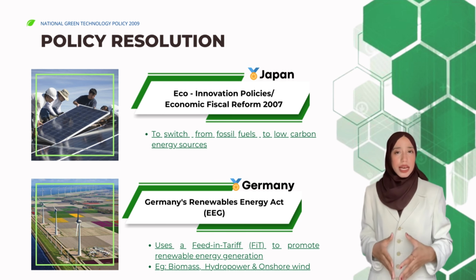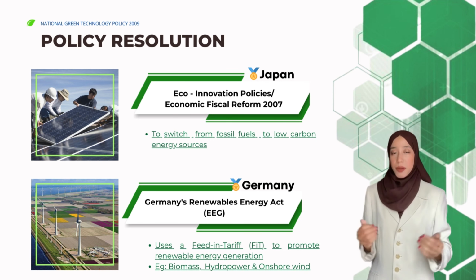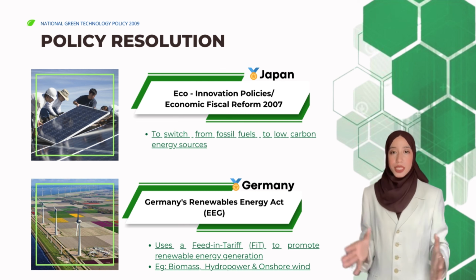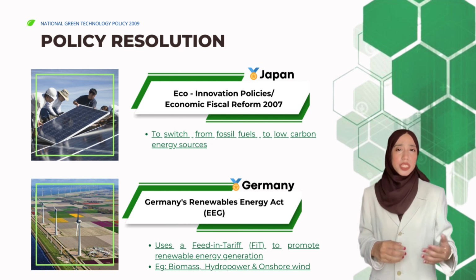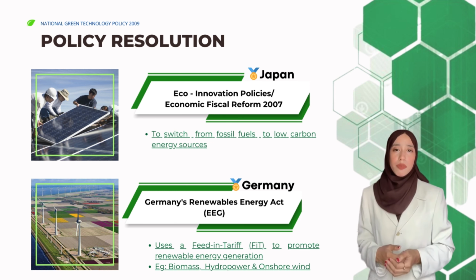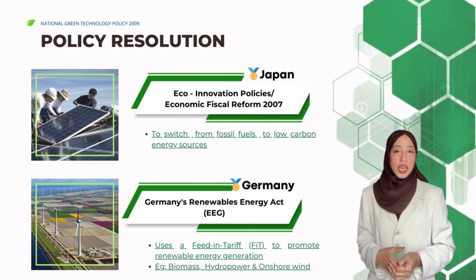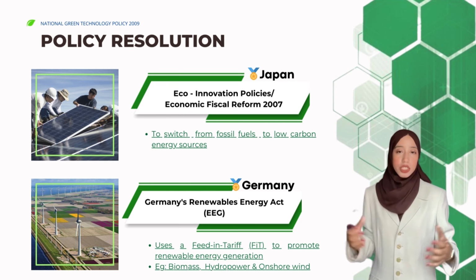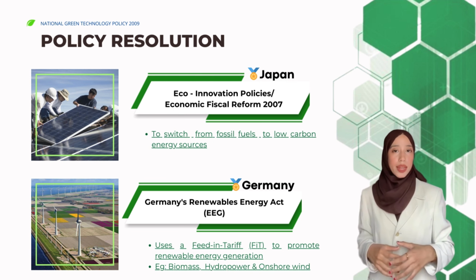Besides, Germany, a successful country in renewable energy development, has the most per capita installed capacity. Malaysia, which is less focused on renewable energy, should adopt Germany's Eco-Technology Development Plan. Germany's Renewable Energy Act used feed-in tariff (FIT) to promote renewable energy generation that includes hydropower, biomass, and onshore wind.